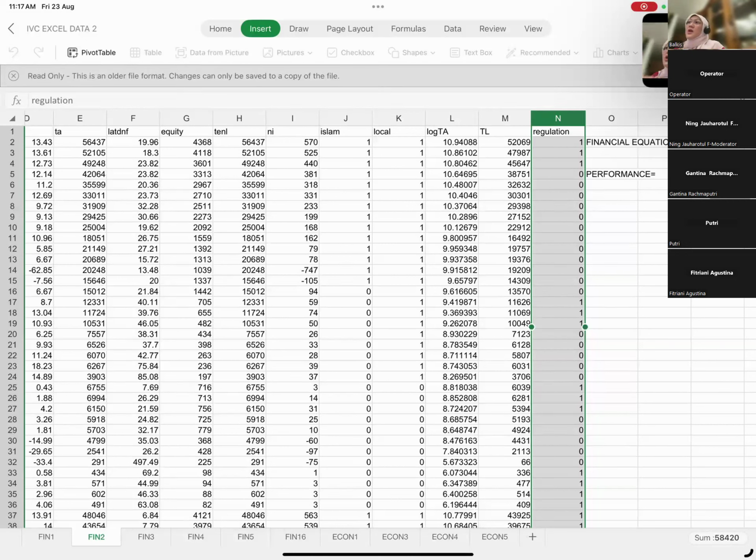So if we would like to see whether the new regulation, which is introduced in year 2013, is effective or not, that regulation can be part of the independent variables.